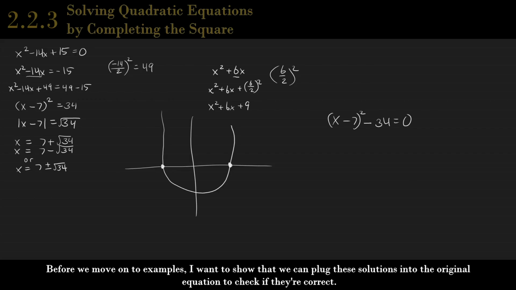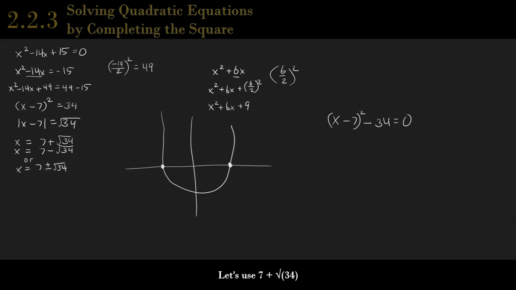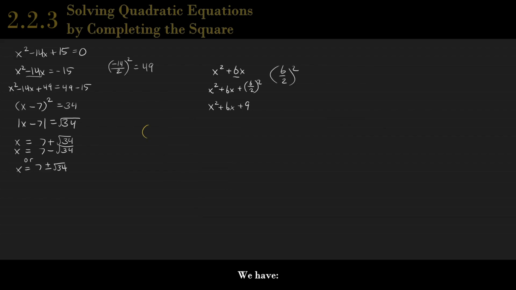Before we move on to examples, I want to show that we can plug these solutions into the original equation, x squared minus 14x plus 15 equals 0, to check if they're correct. Let's use 7 plus the square root of 34. We have (7 plus the square root of 34) squared minus 14 times (7 plus the square root of 34) plus 15.